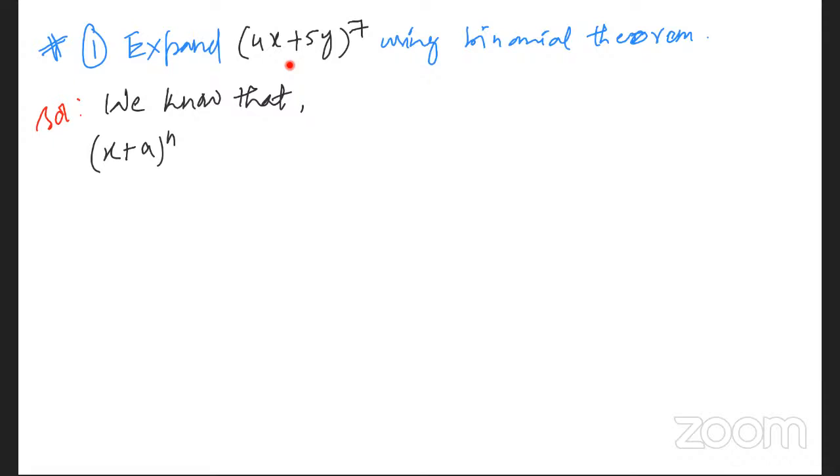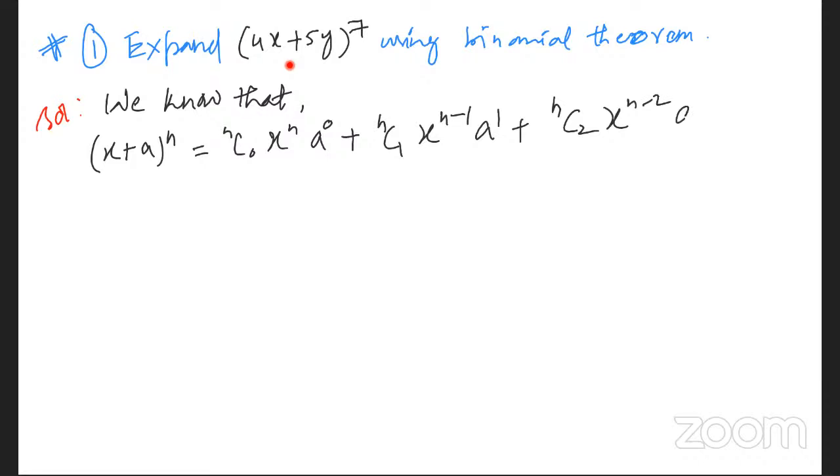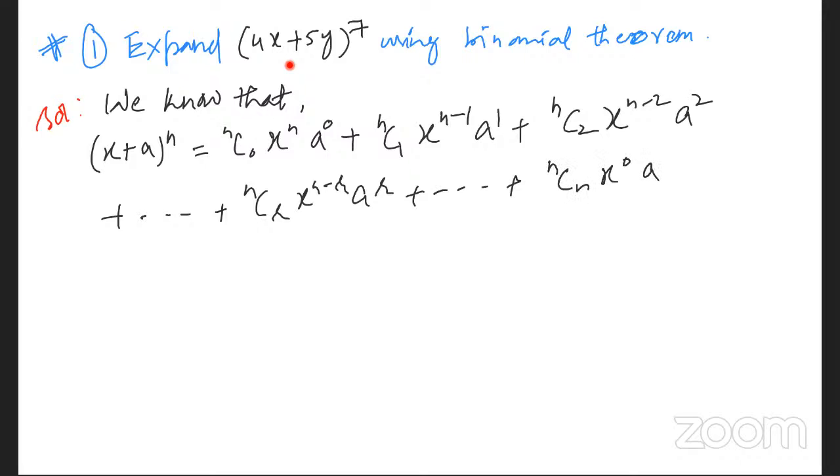You know that (x + a)^n is nC0 x^n a^0 + nC1 x^(n-1) a^1 + nC2 x^(n-2) a^2 + so on + nCr x^(n-r) a^r + so on + nCn x^0 a^n.